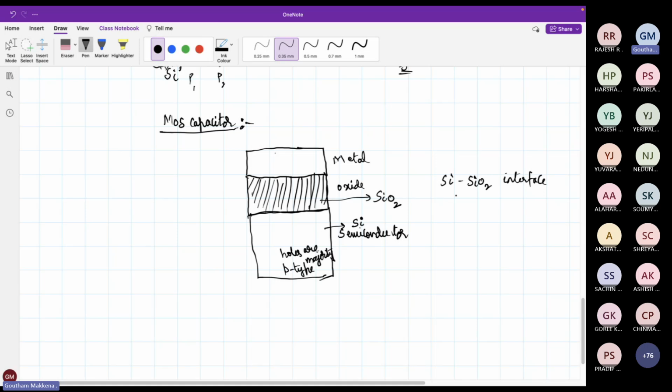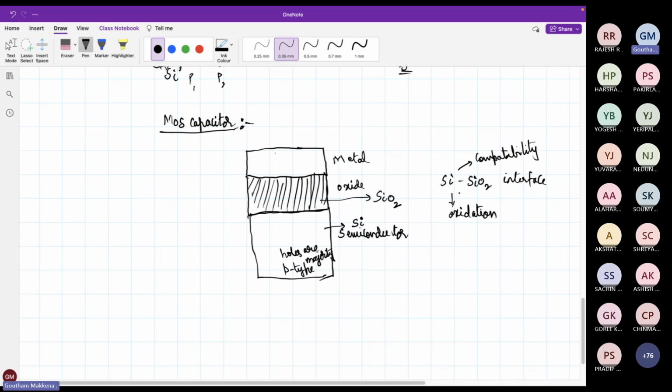This silicon dioxide is formed by oxidation of silicon. Oxidation means you expose it to oxidation. So you take it in some vacuum chamber and expose it to oxidation. What happens is an SiO2 layer is formed. Okay. So like I told, this interface has a lot of compatibility.